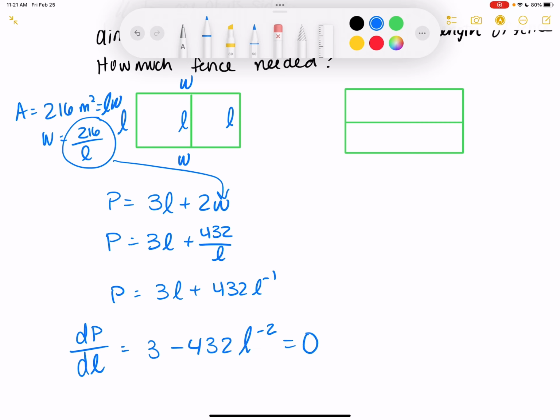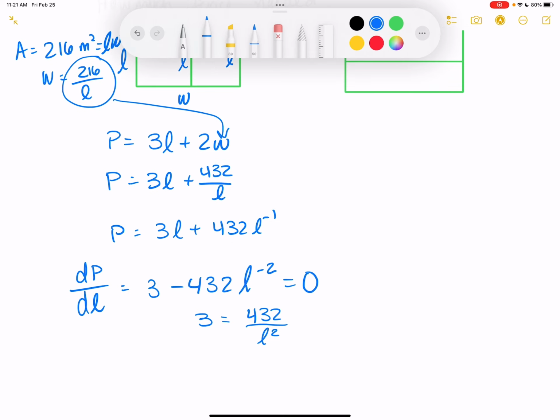So we set it equal to 0. So 3 is equal to 432 L to the negative 2. Since this is L to the negative 2, I can actually write this over L squared. I can swap the L squared and the 3.